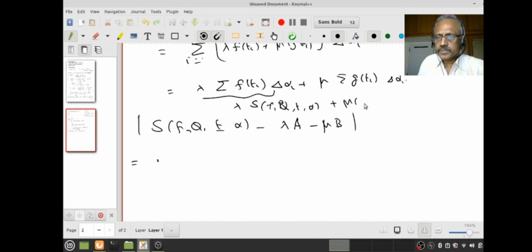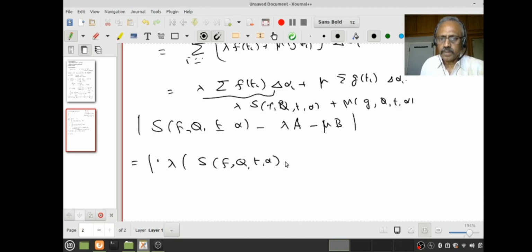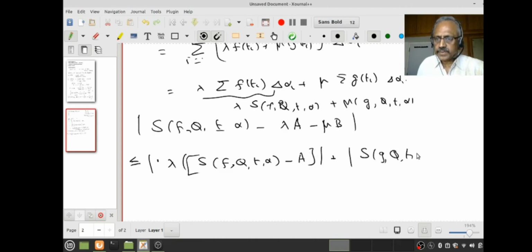This is mu times S of g, Q, T, alpha, right? Therefore this is equal to lambda into S of f, Q, T, alpha minus a. Okay, so I can write it as less than or equal to this plus the other one, S of g, Q, T, alpha minus b, into mod mu again.